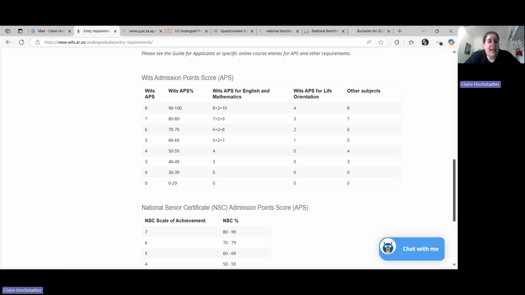So on the table that you have in your Word document, the first column has your subjects. In the second column, you have written in your grade 11 marks. And we are now going to look at the third column in which you are going to write in your WITS points.